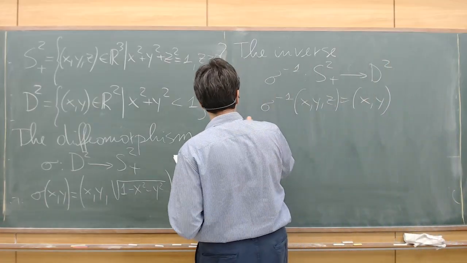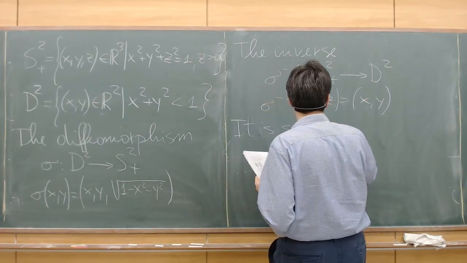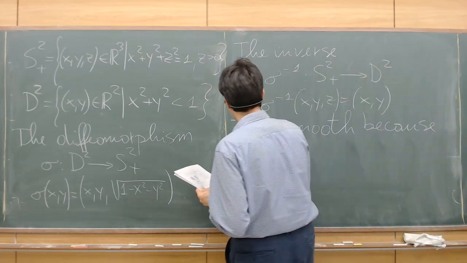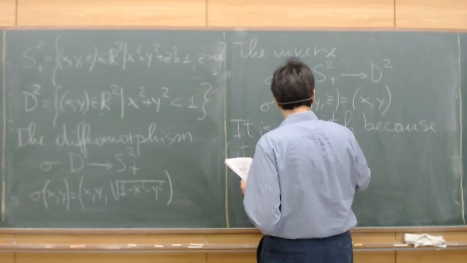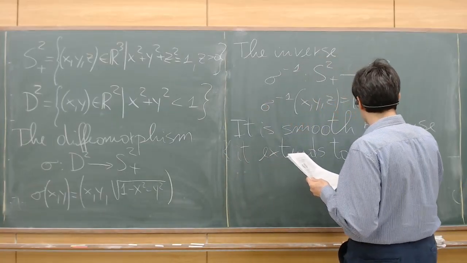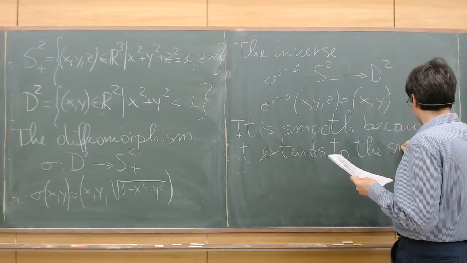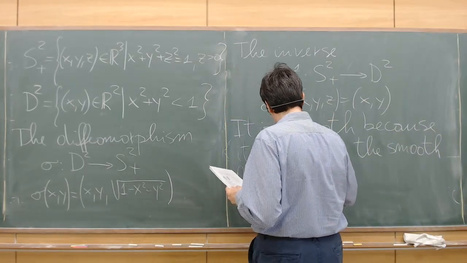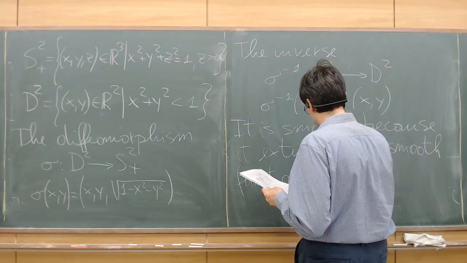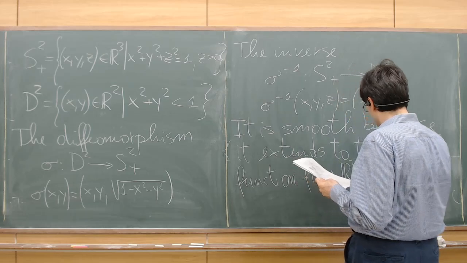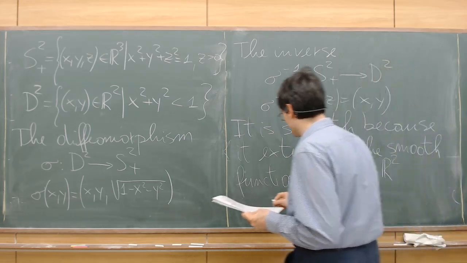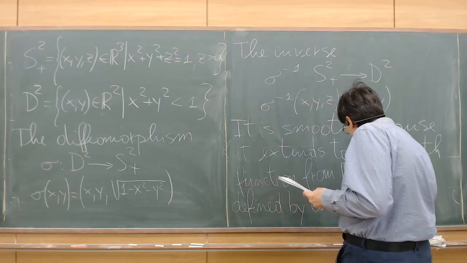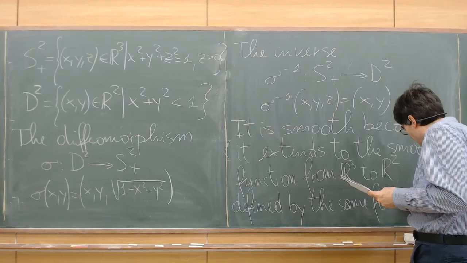This is smooth because it extends to the smooth function from R3 to R2, defined by the same formula.